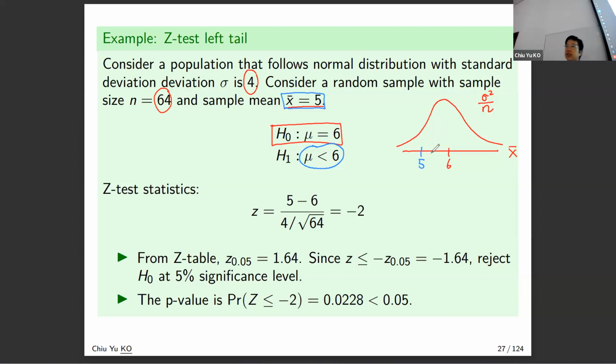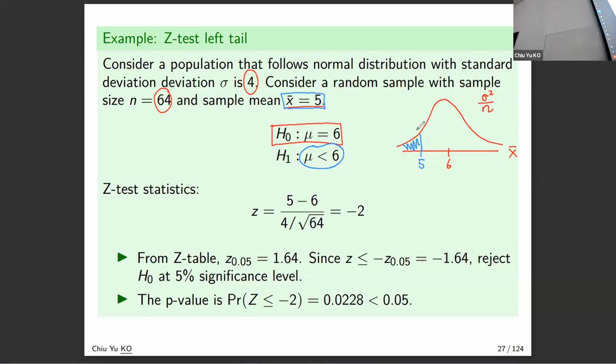And the question is whether it is far enough. The way we do it is we look at whether this area is small enough. If this area is small enough, then it's far enough because it's very unlikely. That's how we translate this. It's asking in the probability sense whether the probability is small enough.